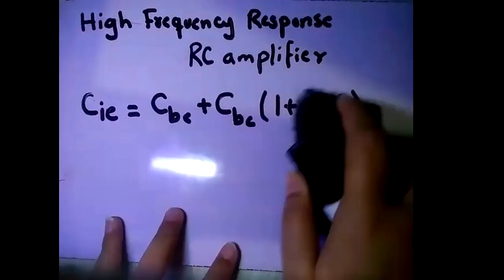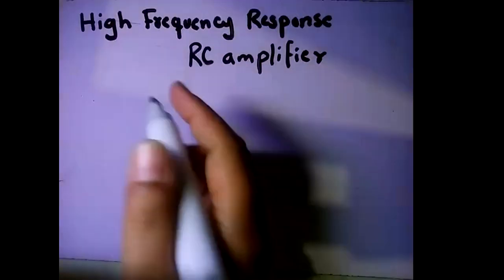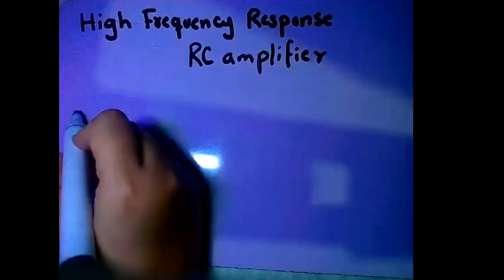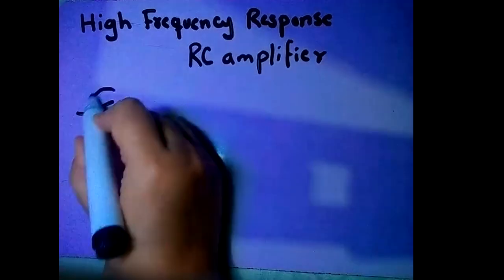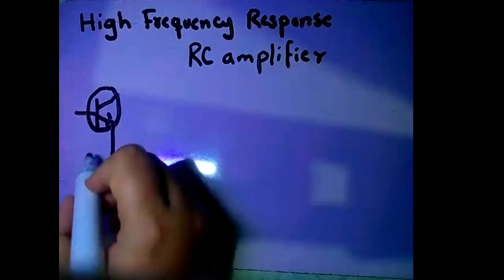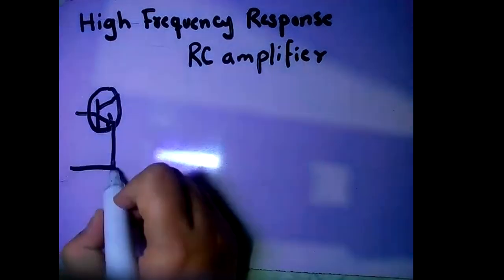Now, if we draw the equivalent circuit for the RC amplifier in order to study the high frequency response, first of all, as you know, there is a transistor. This transistor's emitter end is grounded.